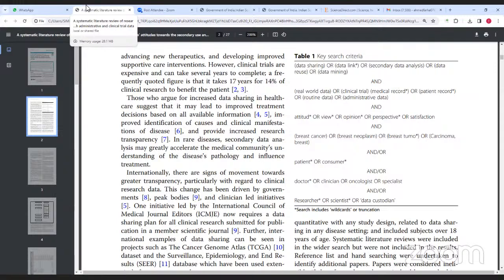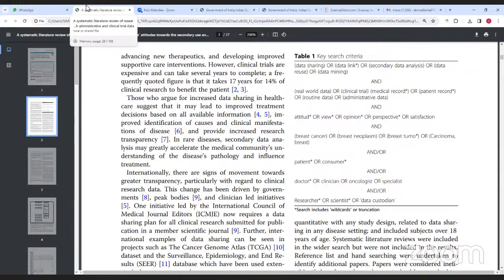However, clinical trials are expensive and can take several years to complete. A frequently quoted figure is that it takes 17 years for 14% of clinical research to benefit the patient.